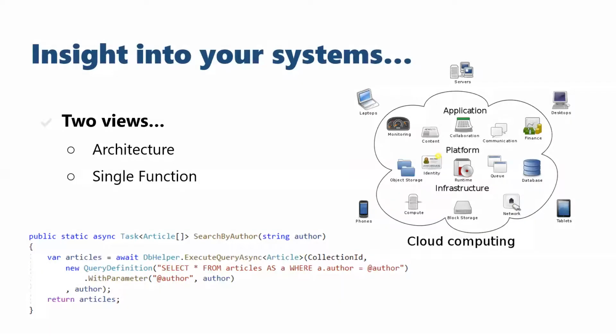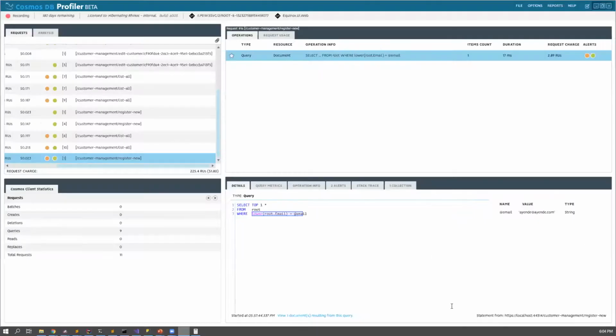One of the primary benefits, I think, of what the profiler gives you is it allows you to bridge between these two views. As a developer, I'm looking at this single function, a single query at a time. As the architect, I'm looking at the overall picture. But what I'm missing is not just a single query or the overall picture. I'm missing all of the interactions, all of the things that are being exposed.